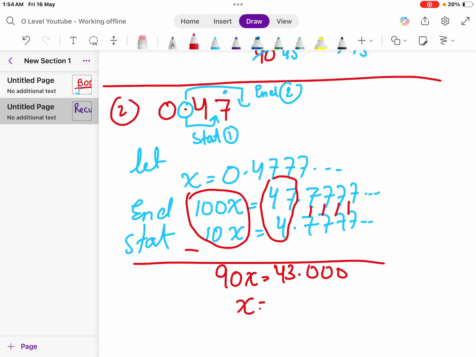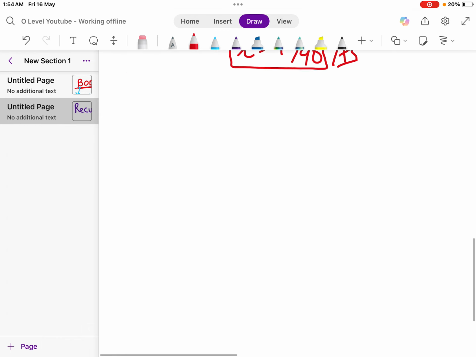So now 43 divided by 90, and 43 is a prime number, so 43 upon 90 is your final answer. I hope everything is clear in this question. If you have confusion, you can just comment and I will try to explain again. That's a very easy concept. Now we will do more questions and we will see different types of questions.